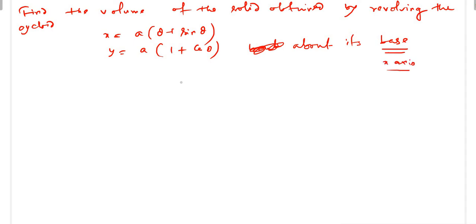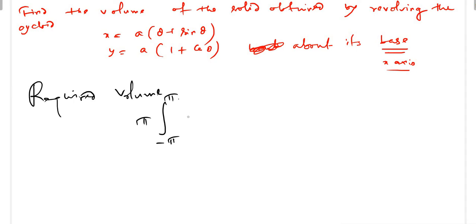Sometimes it is written that about its base, that means x axis. So we will take a portion of the arc from minus pi to pi. It is similar to the previous problem. So I'm writing directly the answer, that volume is equal to the required volume. You need to draw the diagram just like the previous problem. It is pi times the integral from minus pi to pi of y square dx.